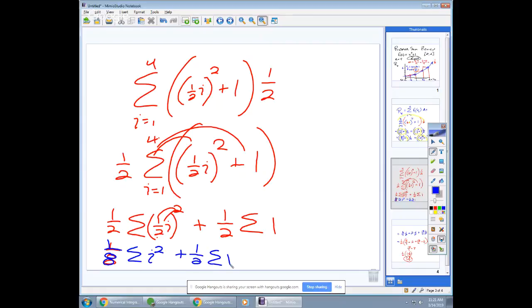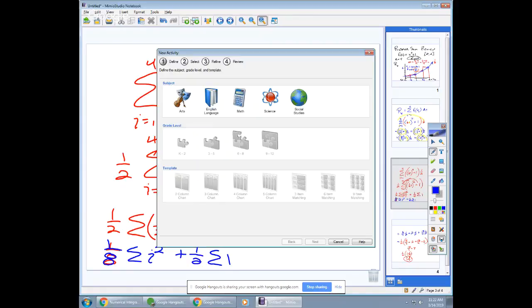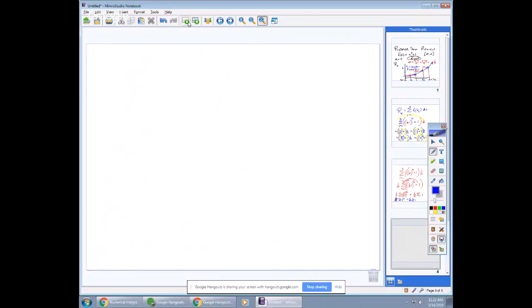Do you guys remember we had formulas for the sums? What's the formula for that? Yeah, so just a reminder, let's see if I can get them right. The sum as i goes from 1 to n of ones is just n.